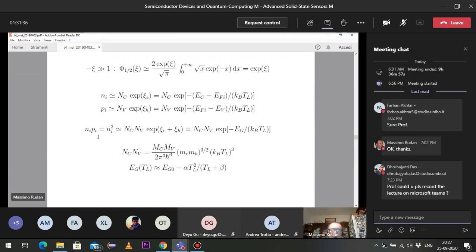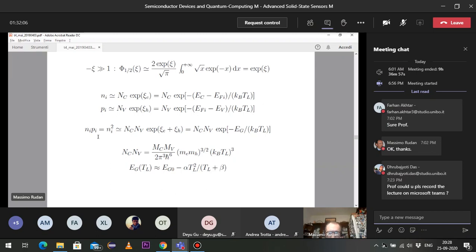It is important in this respect to determine the dependence of the intrinsic concentration on temperature. You remember when you increase the temperature of the semiconductor, both the electron and hole concentrations increase. Okay, so it is important to understand how they depend on temperature.